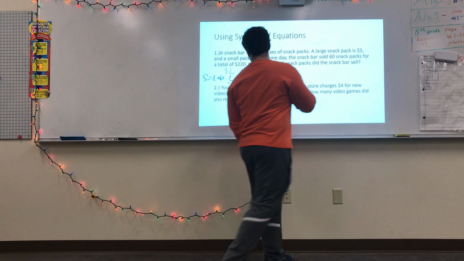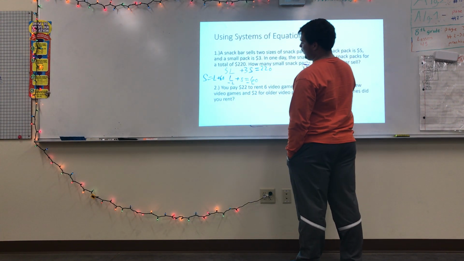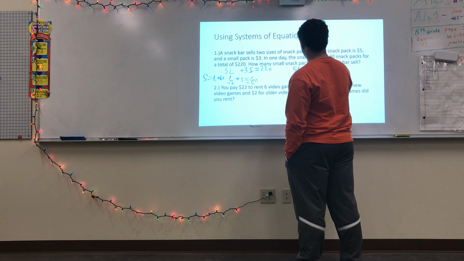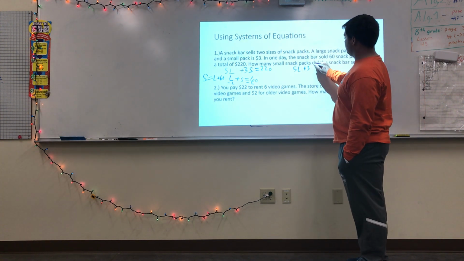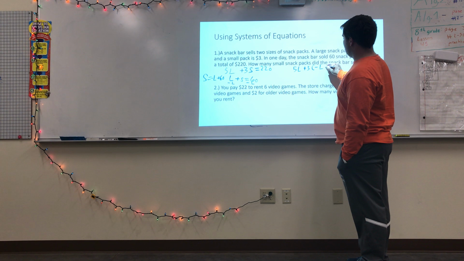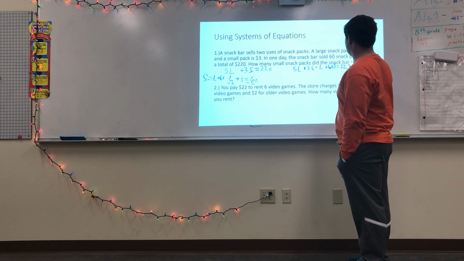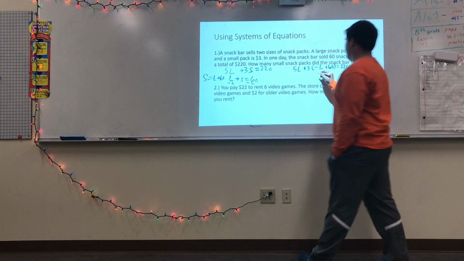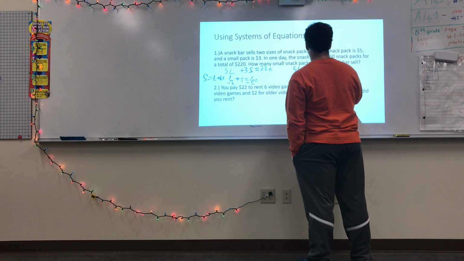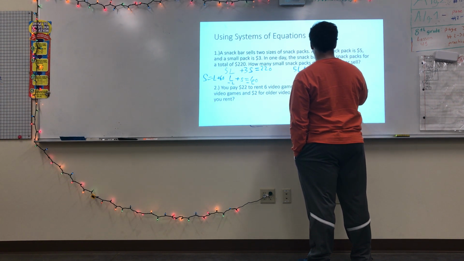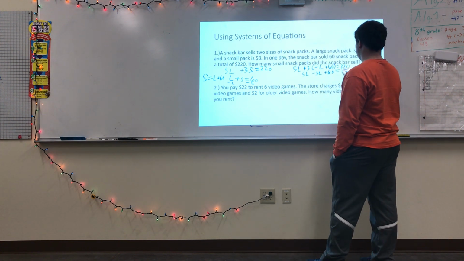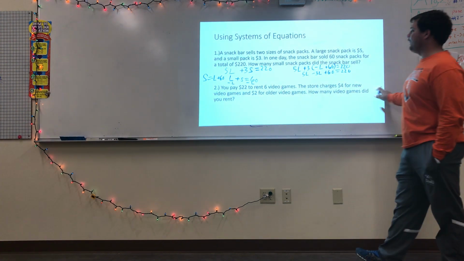So if I do that, I'm going to end up with 5L plus 3 times (negative L plus 60) equals 220. Okay? Distribute, I'm going to get negative 3L plus 60 and 5L over here equals 220. So that's where I'm at now.